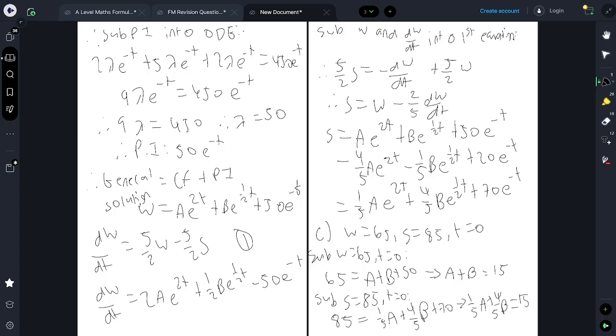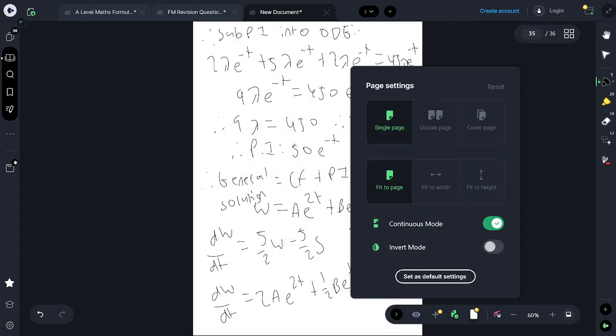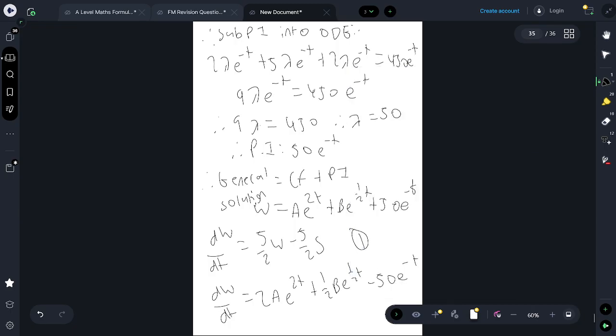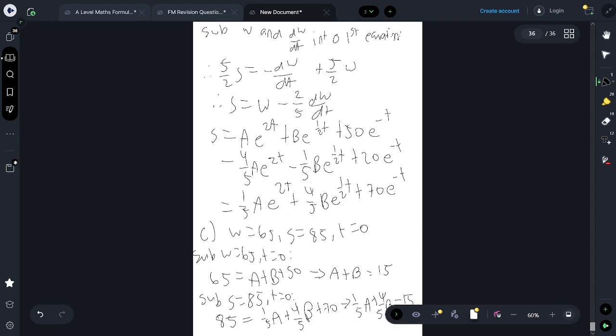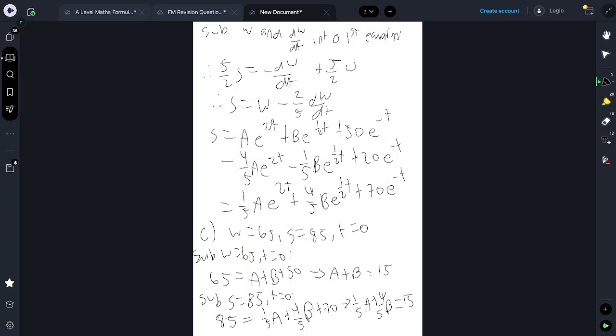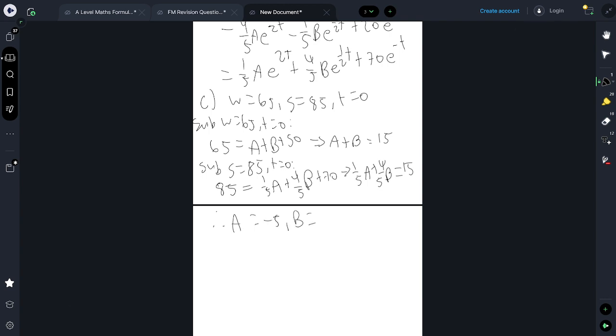So I'm going to need another page here. Okay, so if you solve them, you get A to be minus 5 and B to be 20.